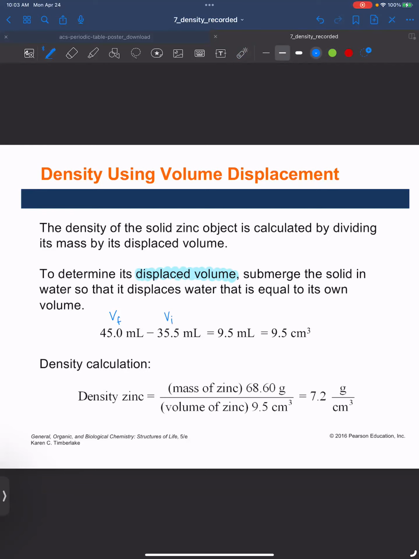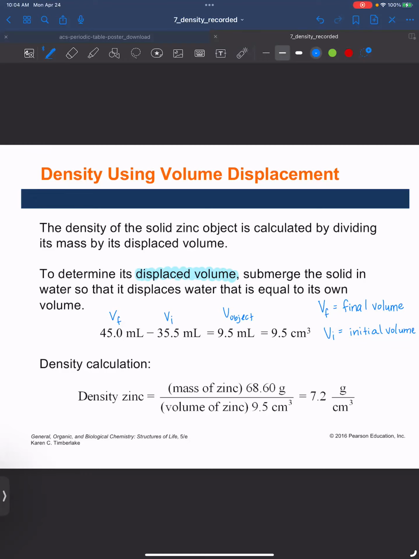Whenever you see VF, that's final volume, and VI is equal to initial volume. So VF minus VI will give us the volume of the object that we are measuring by volume displacement.